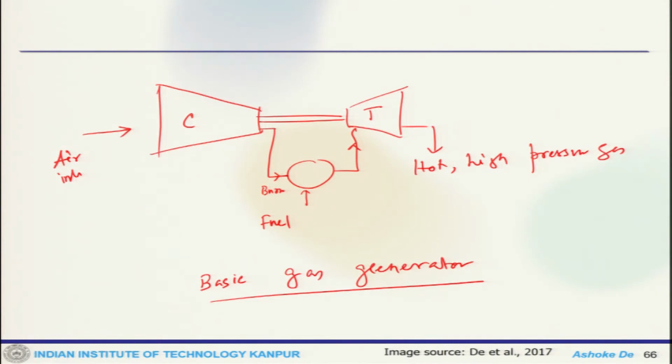Now, on top of that, one can actually build up the turbojet system, where we have a compressor which is connected with a turbine. Now, this is connected with the burner where fuel goes in.